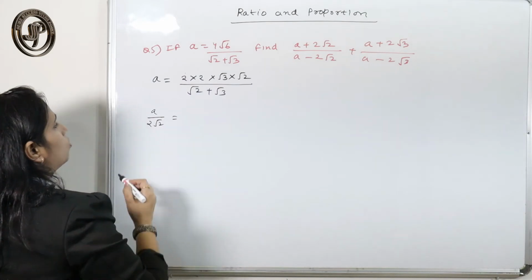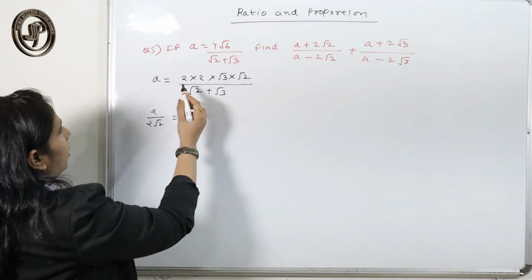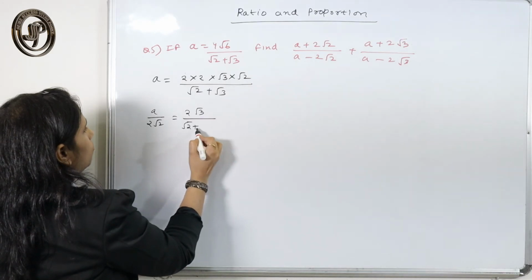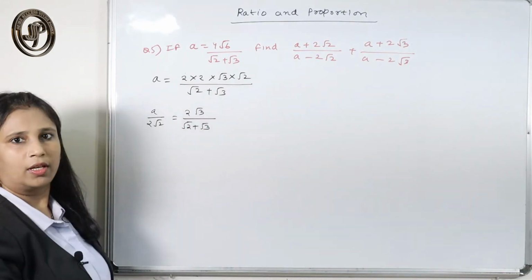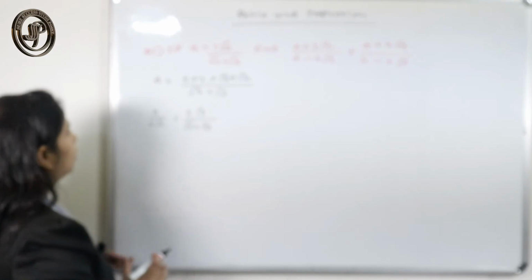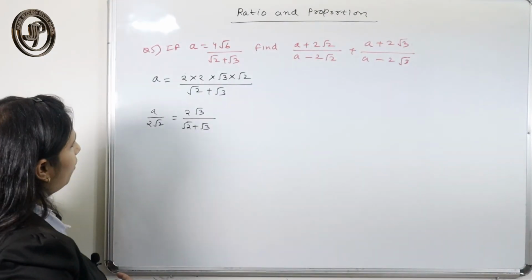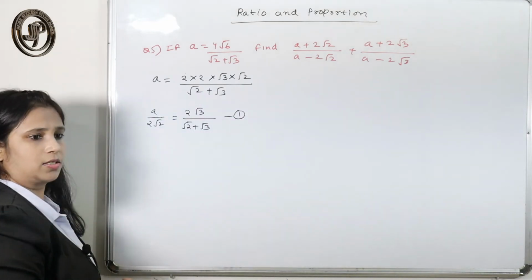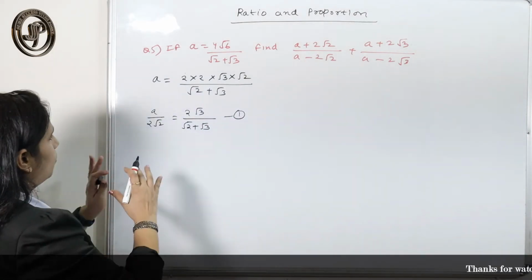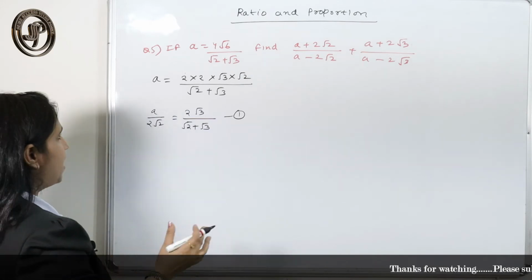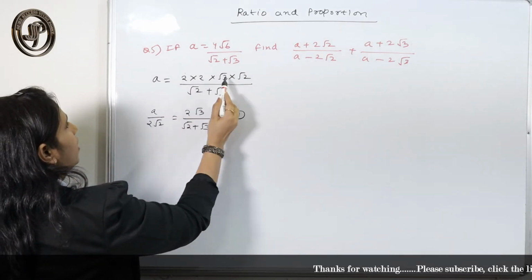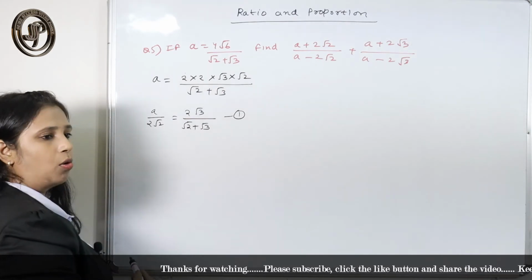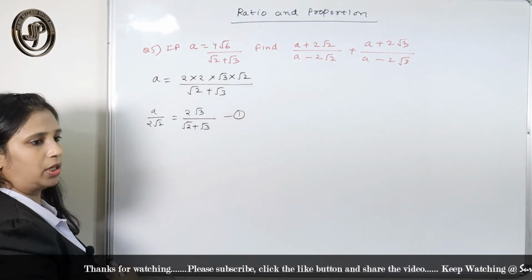If you take 2 root 2 down, then here you are left with 2 root 3 upon root 2 plus root 3, right? So, this way you have to form, okay. So, you can consider this first. Now, I am going to solve this. Next, now I have taken 2 root 2 down. If I take 2 root 2 down, here I am left with 2 root 3.